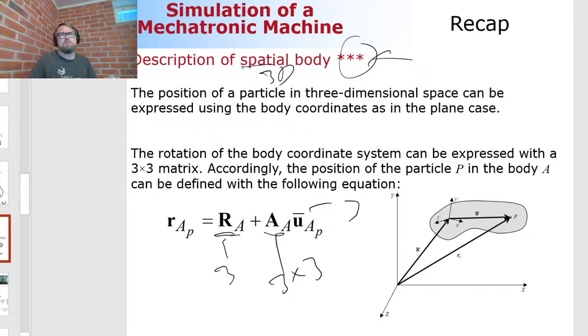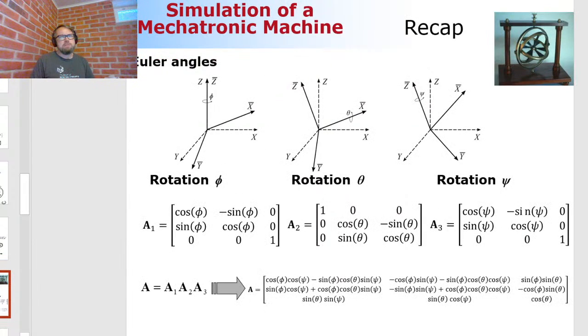We learned one way to describe this 3 by 3 rotation matrix, and that was based on Euler angles. Euler angles are based on successive rotations. Successive rotation means that you are doing one rotation after another.